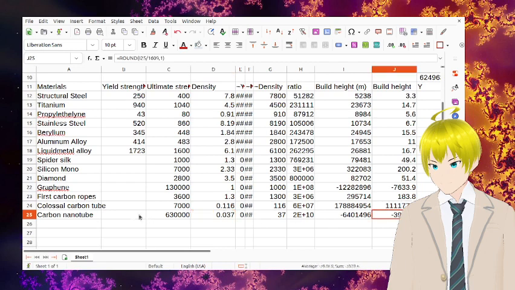So this one, it works, but we haven't reached escape velocity with it. There's still a build limit, right? But this one, oh my god, there's no build limit here. You can build infinitely tall with this, and it will never collapse. So basically, carbon nanotubes work. These carbon compounds, they work.